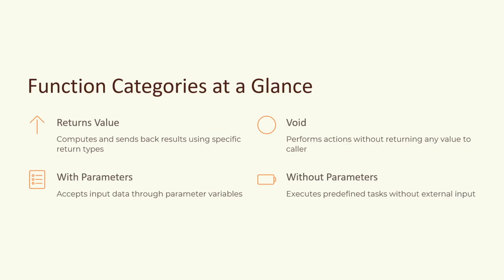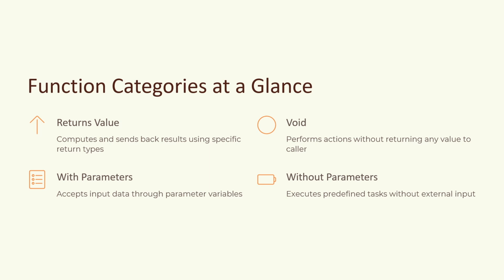Now we are going to see function categories at a glance. Functions can be classified in two ways: based on return type and based on parameters. Based on return type, we can categorize them as functions that return values and functions that do not return any values, known as void functions.